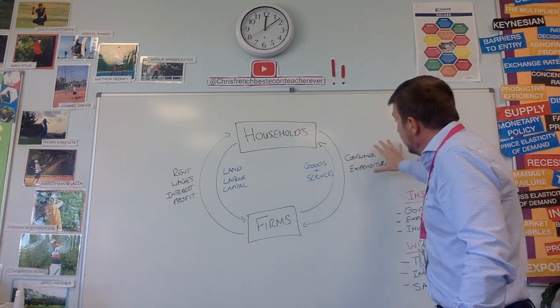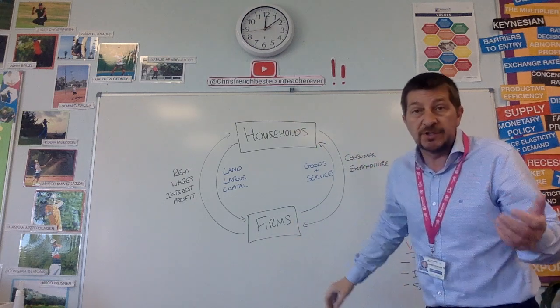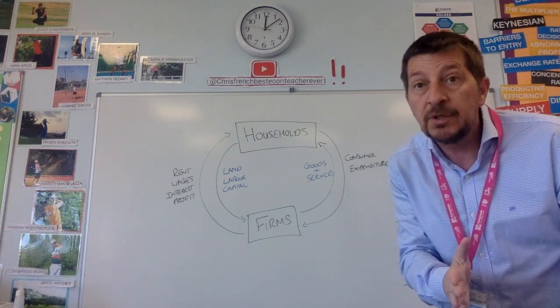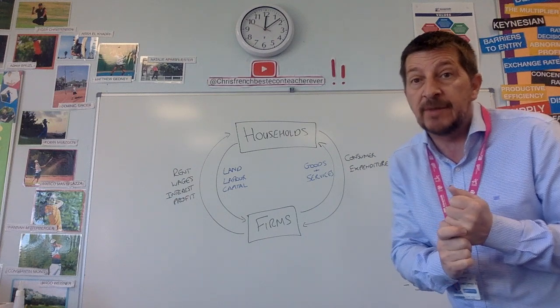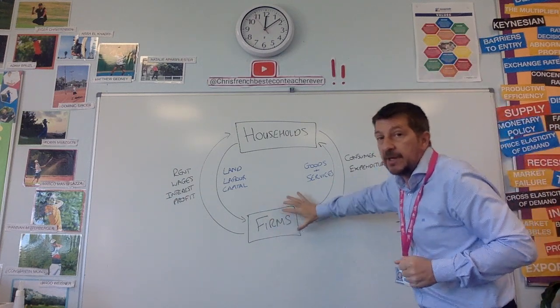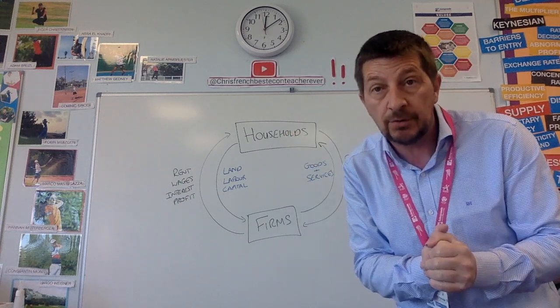So that's spent in the form of consumer expenditure or consumer spending, consumption, what we call that as part of aggregate demand, right? And in return for that consumer spending, firms provide goods and services to the households.